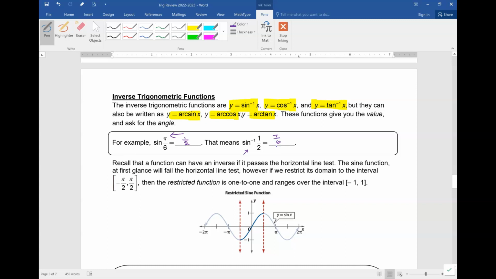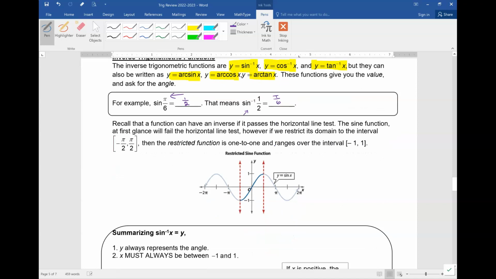Okay, however, inverse trig functions have a story. We talked about this a little bit in class, that in order for something to have an inverse function, it has to pass the horizontal line test. Sine, as it stands, does not pass the horizontal line test. If I draw a horizontal line through it, it should only pass the graph at one point, but you see that fails.